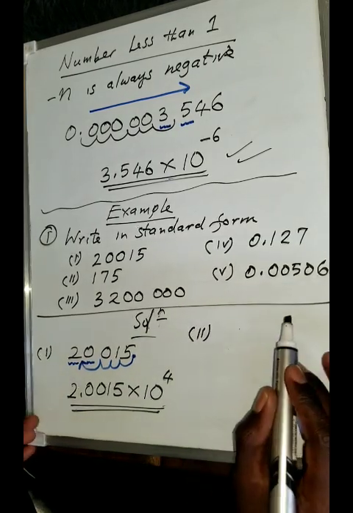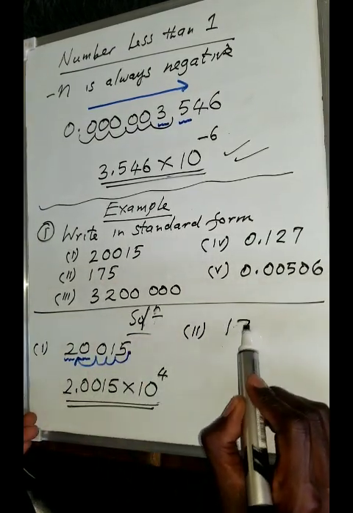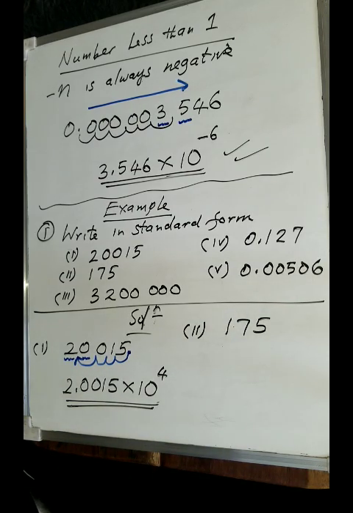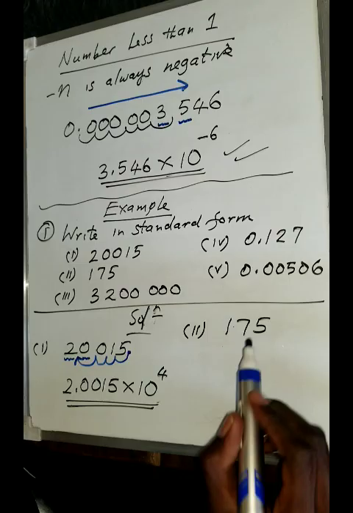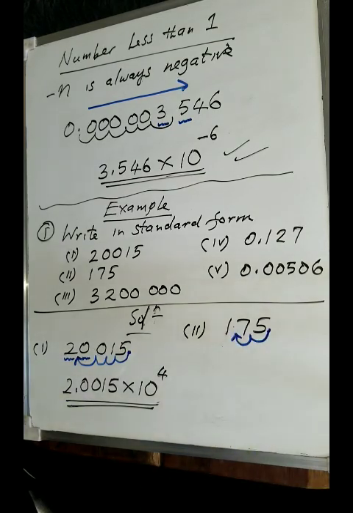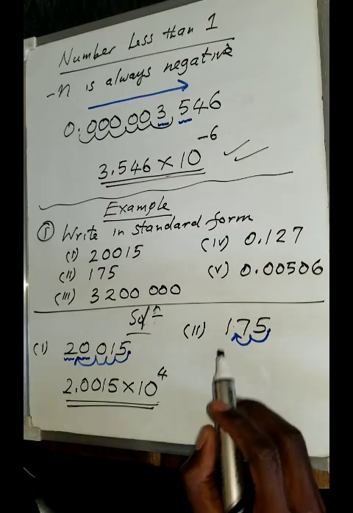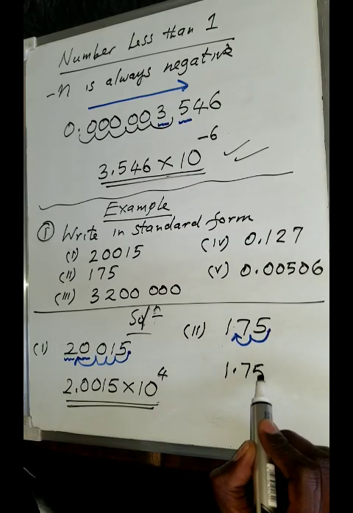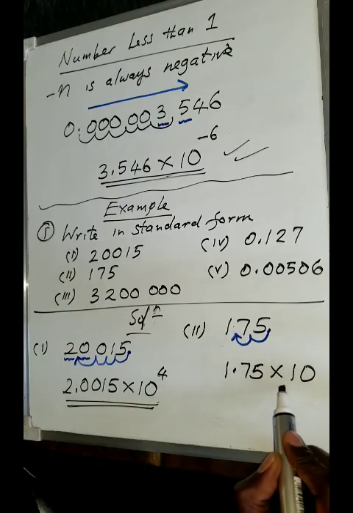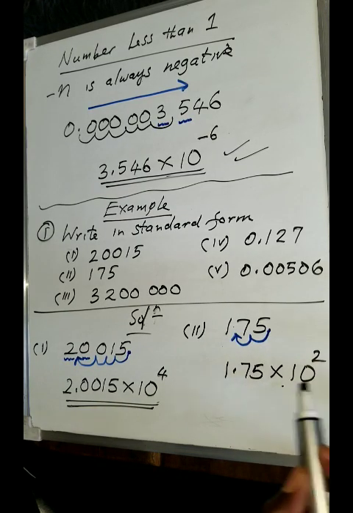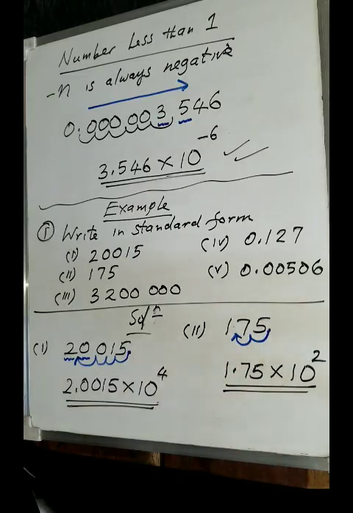All right. Number 2, I hope you're following. It is simply 175. Where is the decimal point again? Wow, you remember that. It is at the end there. So we can move it 1, 2. Therefore we can write 175 in standard form as 1.75 times 10 raised to the power 2, because this number is greater than 1.